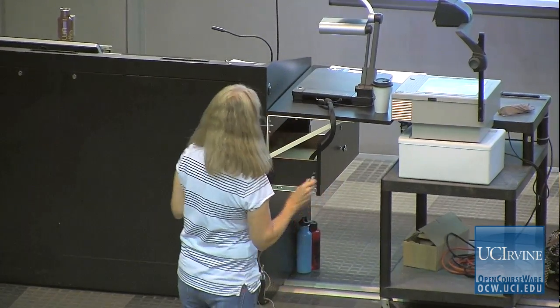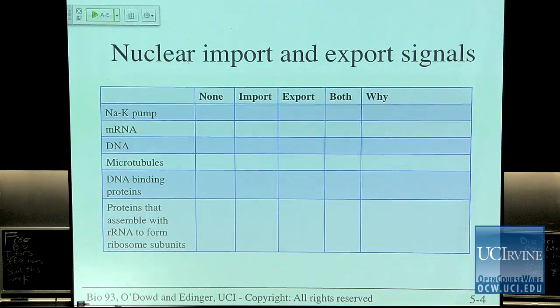Okay, that helps then. Now, what we're talking about is nuclear import. So this is in the plasma membrane, and it's a protein, so we know that it's made in the cytoplasm, on free ribosomes, right? And then it is transported to the plasma membrane. Was it ever inside the nucleus?